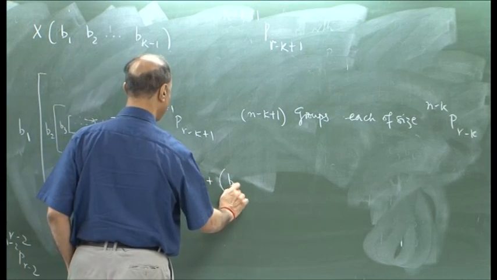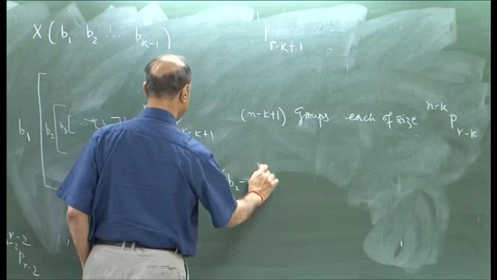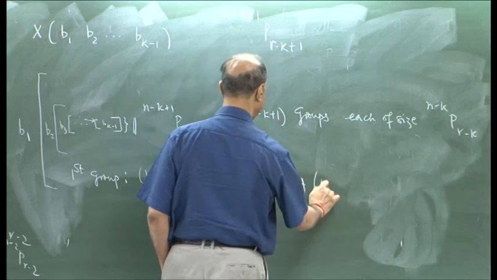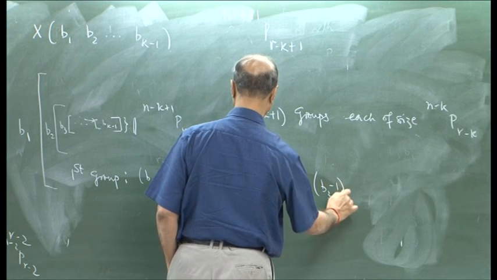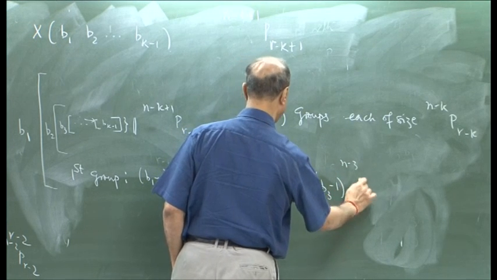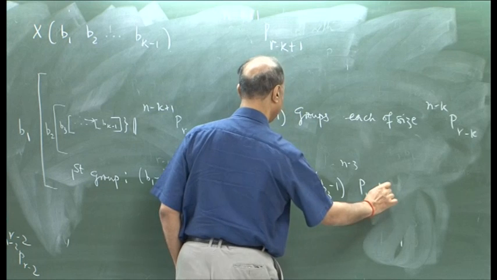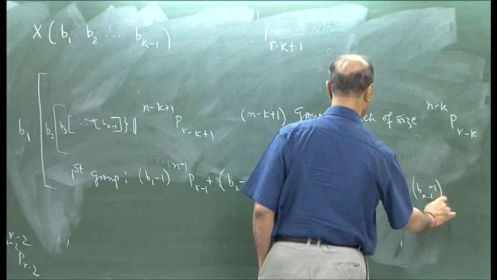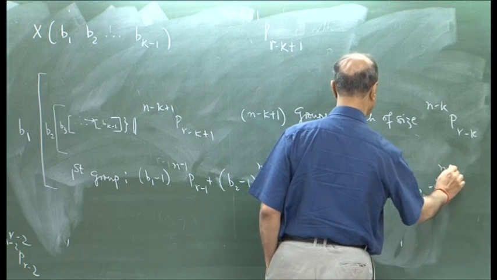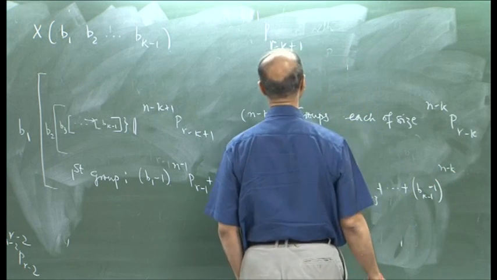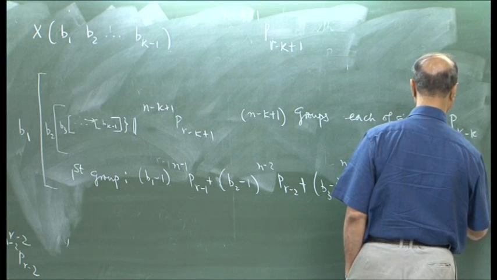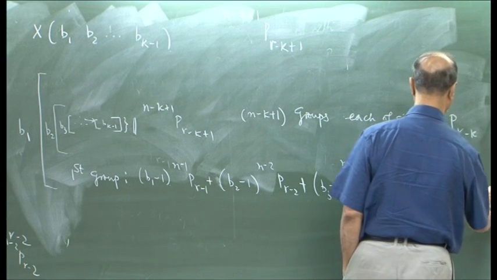Then B2 minus 1, N minus 2, Pr minus 2 plus B3 minus 1, N minus 3, Pr minus 3, Bk minus 1, N minus k minus 1, Pr minus k plus 1 plus 1.